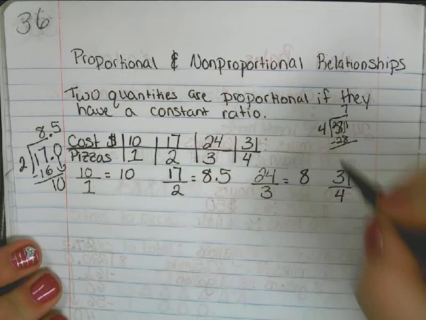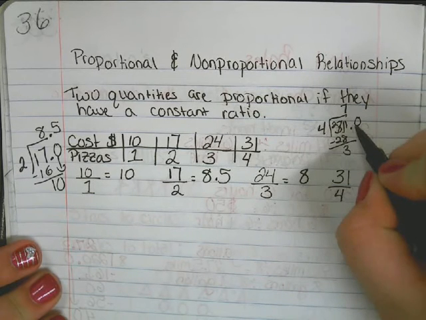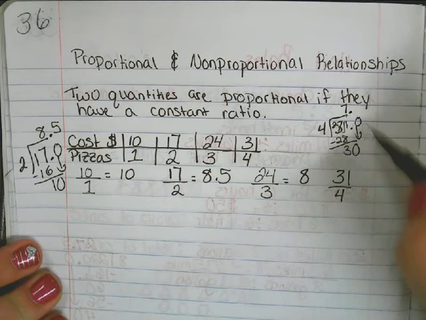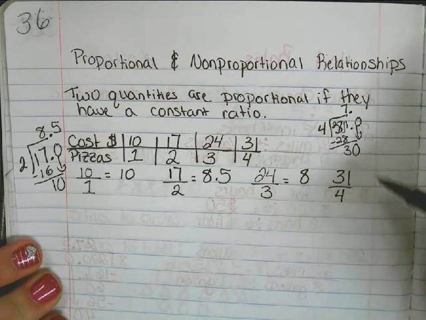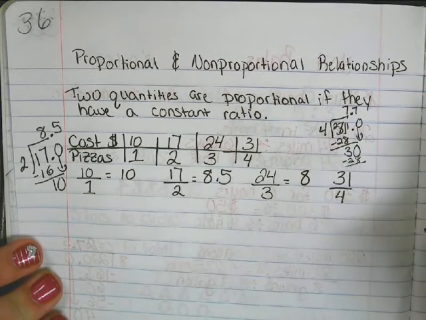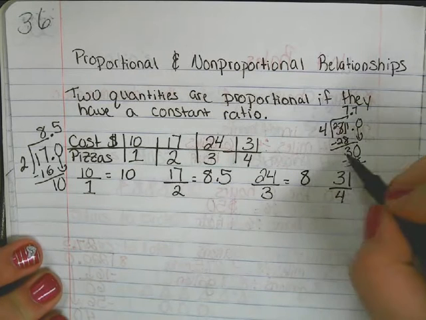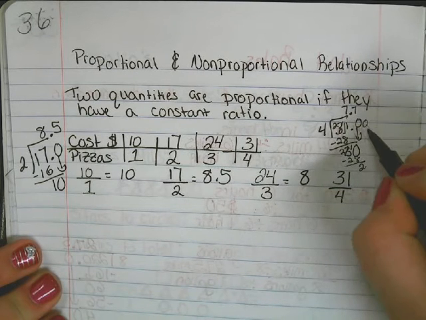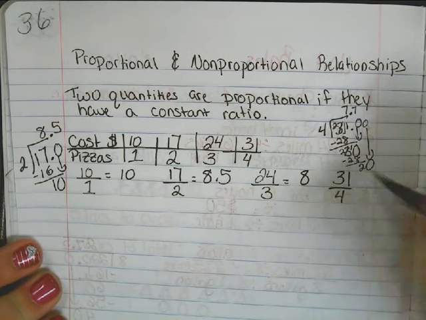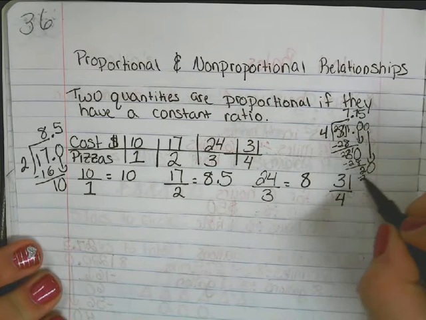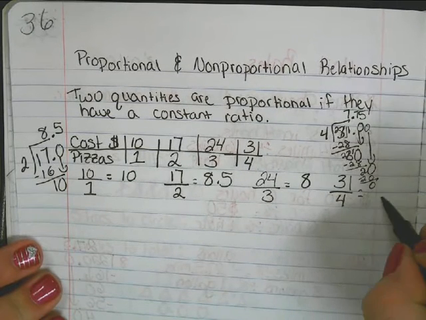Add a decimal with a 0. How many times does 4 go into 30? 7 times, which gives me 28. 30 minus 28? You have to borrow again, it becomes a 2, that becomes a 10. 10 minus 8? 2. I don't have a 0 at the bottom, so I have to add another 0. 4 into 20? 5 times, which gives me my 20, so my 0. So for 4 pizzas, it's $7.75 a piece.